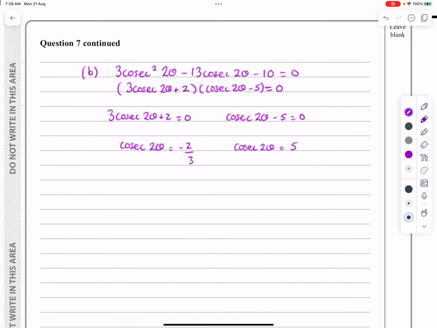We remember that cosec is 1 over sine. So sine 2 theta is 1 over minus 2/3, which I'm hoping at exam level you should just be able to do that straight away. And here we're going to get sine 2 theta is equal to 1/5.